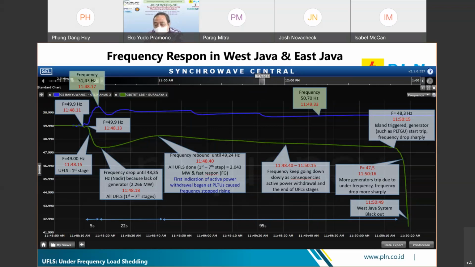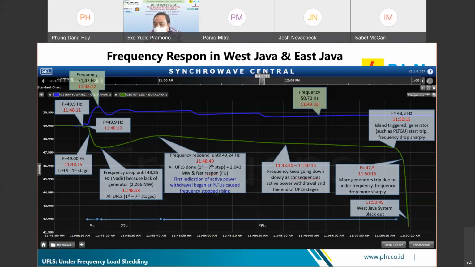Our defense scheme, our automatic under-frequency load shedding, has already operated until the 7th stage, and the frequency rebounded to 49.24 hertz.